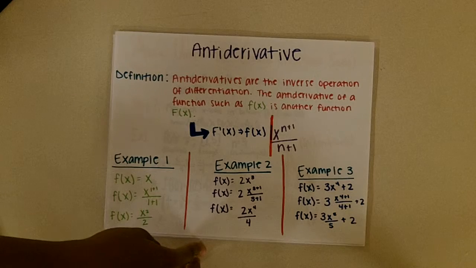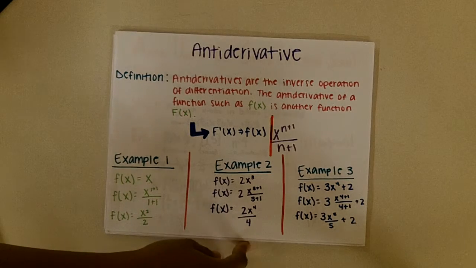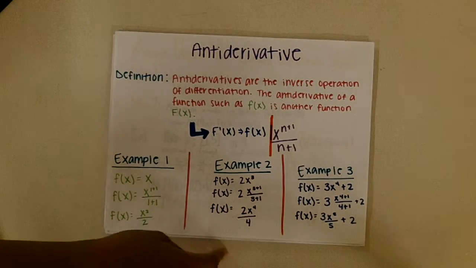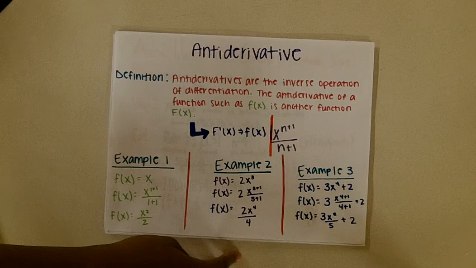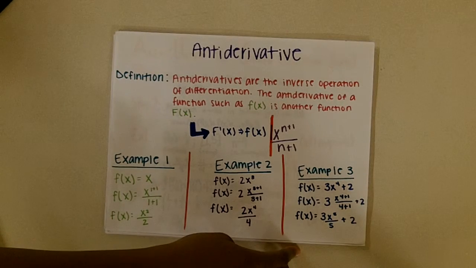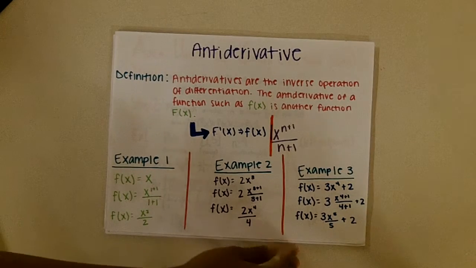For example 2, if you have a base number such as f of x equals 2x cubed, you would do the same thing. You would leave the 2 by itself, and you would have x to the 3 plus 1 over 3 plus 1. Therefore, the answer will be 2x to the fourth over 4. As well, if you have a constant, it would be the same.